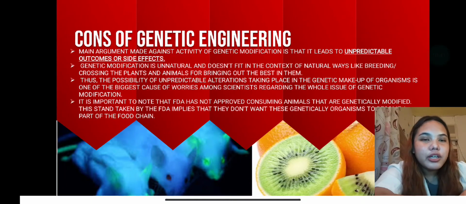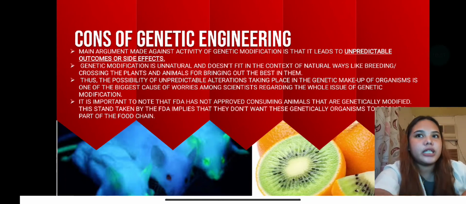The main argument made against genetic modification is that it leads to unpredictable outcomes or side effects.